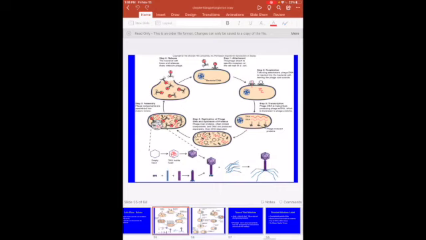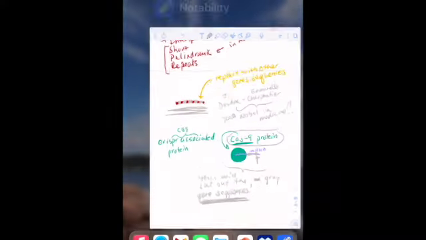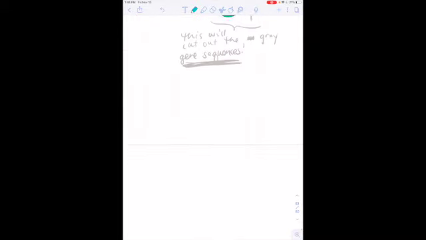Okay, so let's see. So that's viruses in bacteria. Let's talk about viruses that infect humans. And let's get a different color, shall we? Let's go with aqua blue. All right. Viruses that infect humans. All right, they always have an envelope for one thing. Oh, no, I'm sorry.